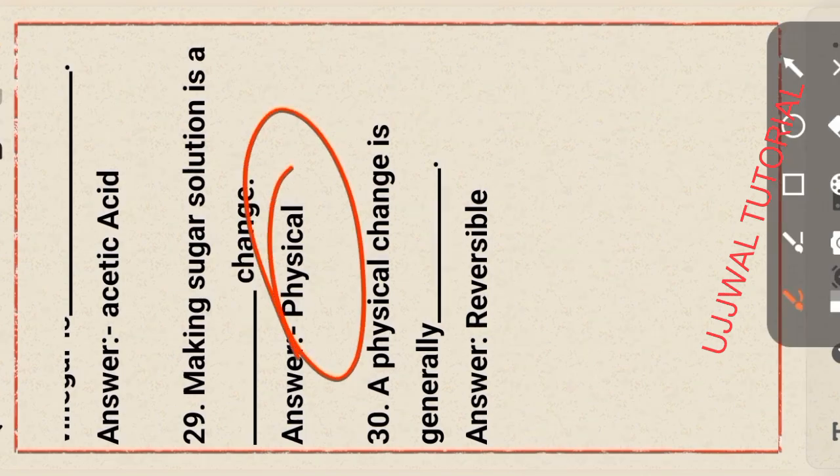That is no change of composition, so it is a physical change. Okay. Next question, that is the last question of this part. A physical change is generally reversible. Okay, but in some cases, for example cutting of paper, it is an irreversible physical change, but normally a physical change is known as a reversible change.